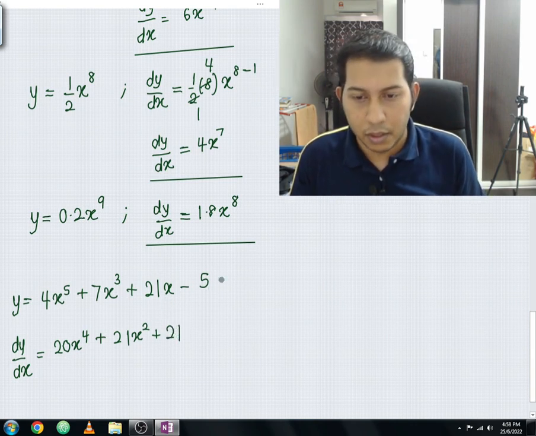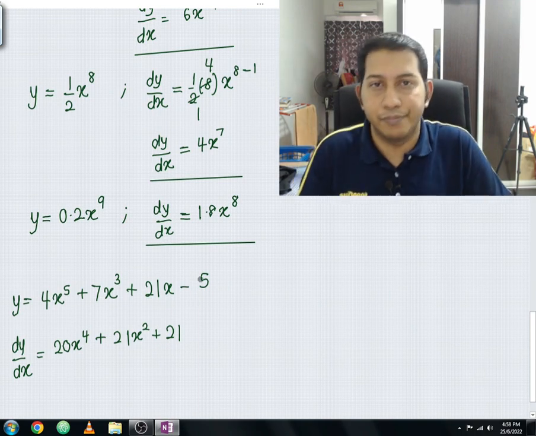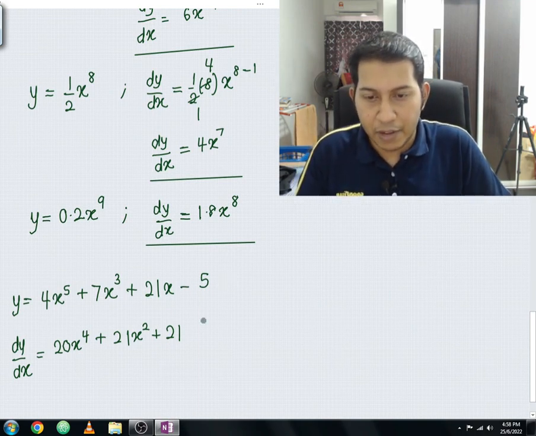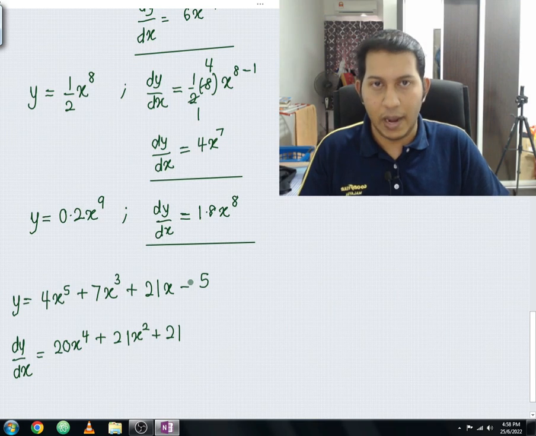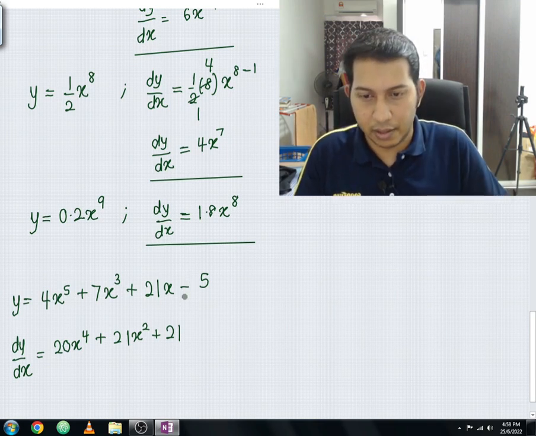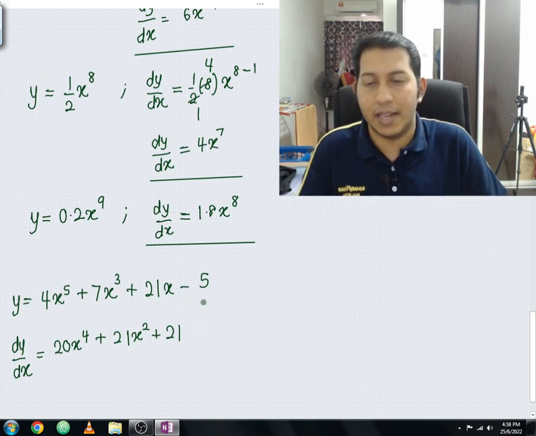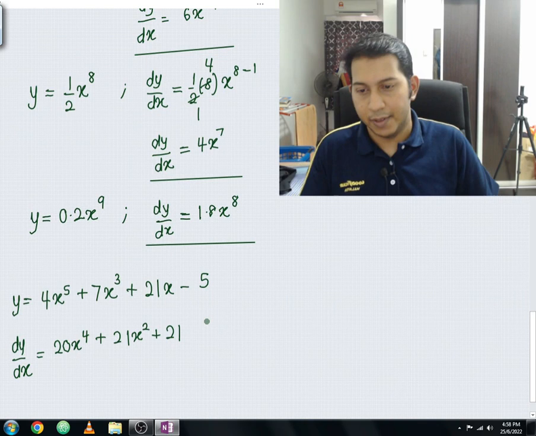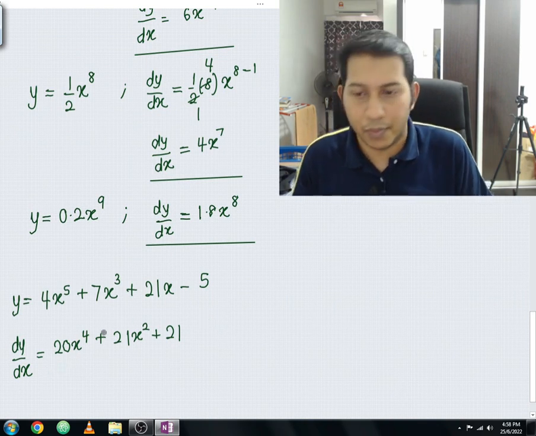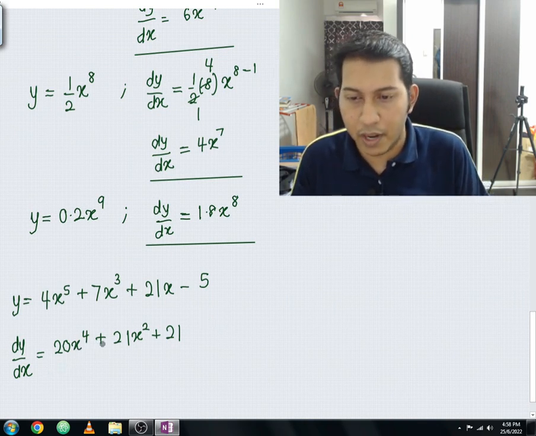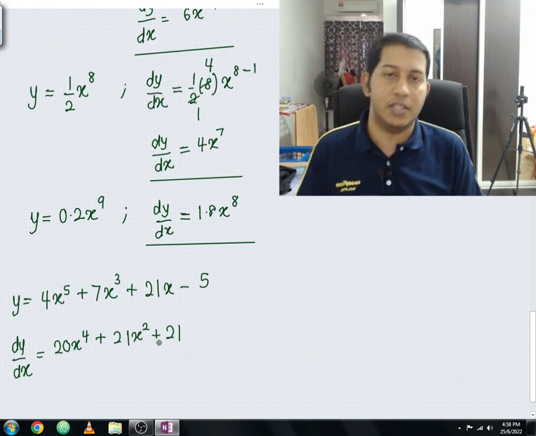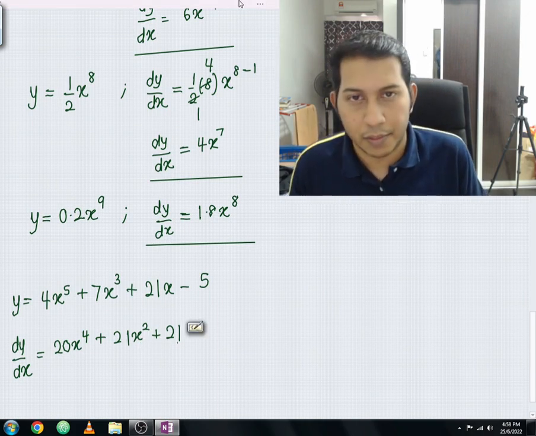Here you have a constant. When you differentiate a constant, you end up getting 0, so you just neglect this value. Technically you plus 0, but you don't write plus 0, guys. So this is your answer, 20x to the power of 4 plus 21x squared plus 21.